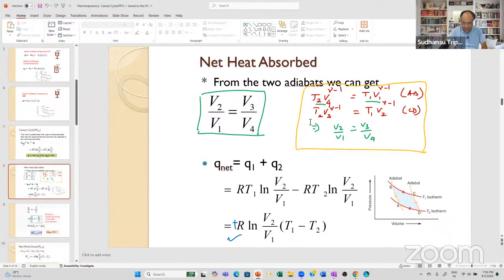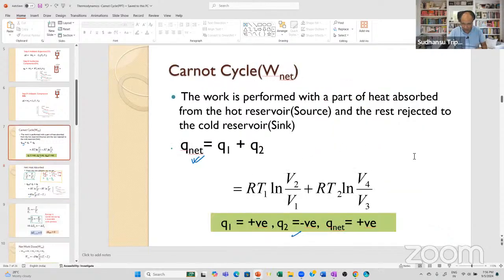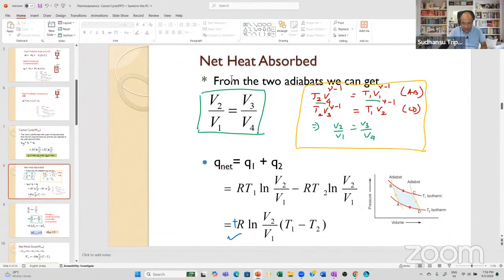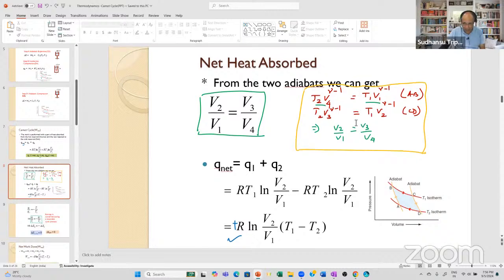Now we'll be doing later, from the two adiabats, if you apply to point B and point A in this adiabat, and then point C and point D in this adiabat, you apply the adiabatic gas laws. T2 V4 gamma minus 1 is equal to T1 V1 gamma minus 1.